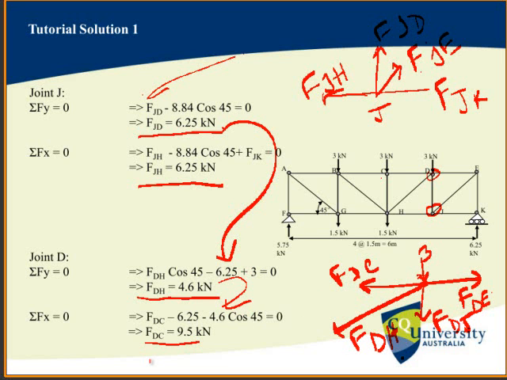So after considering most of the joints, we already get all the values of the members of this truss. We already got all the values. This is the end of our first problem.